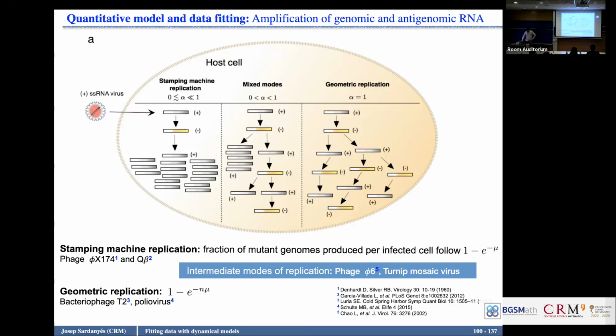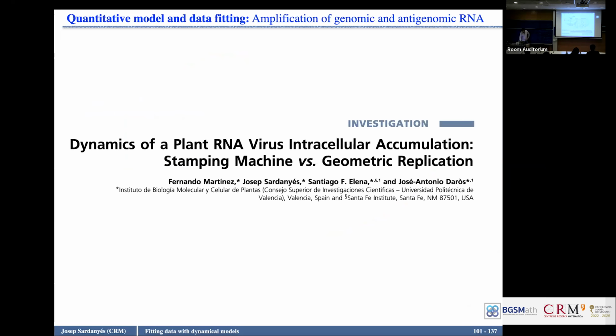Okay, so when I did my postdoc with Santiago Elena, they were interested in studying this phenomenon dynamically, not from the expected distributions. And they performed an experiment to estimate the replication mode directly from the production of RNAs, positive and negative sense RNAs.